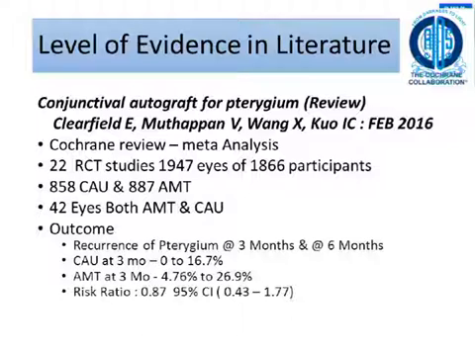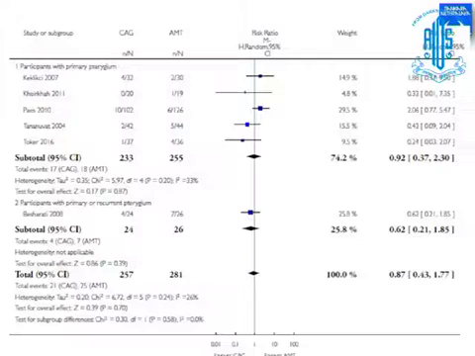The risk ratio is 0.87, which says it is 13% better than conjunctival autograft; we subtract this from 100 to get the percentage. But the confidence interval is crossing 1. If the risk ratio is 1, it means there is no difference. Since it has crossed 1, it is not clear-cut evidence that at 3 months using either conjunctival autograft or AMT makes a difference.